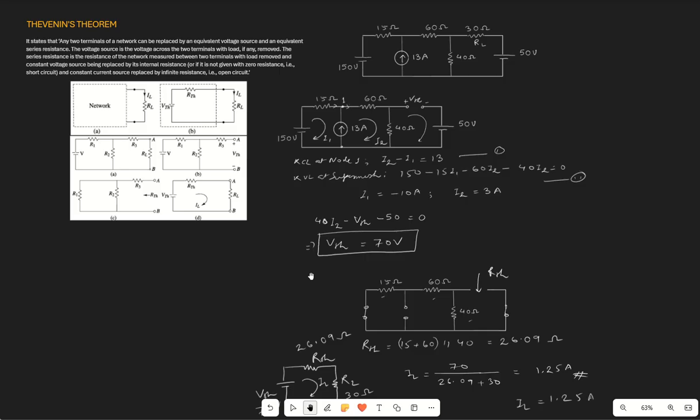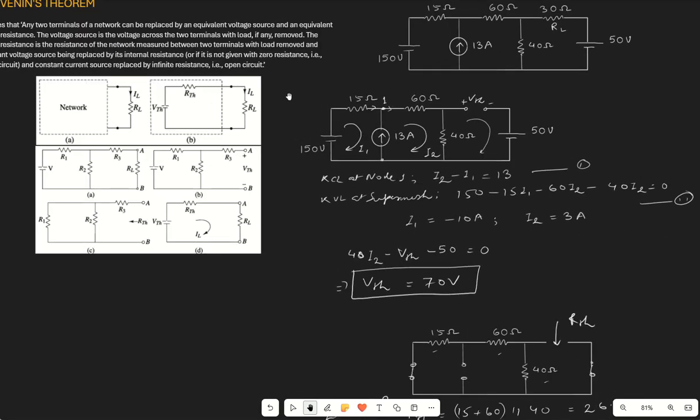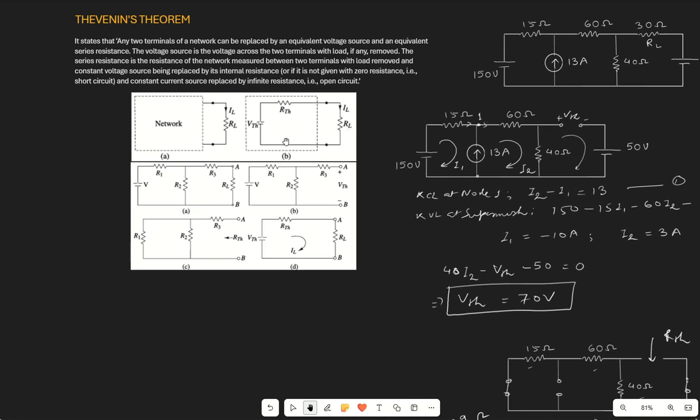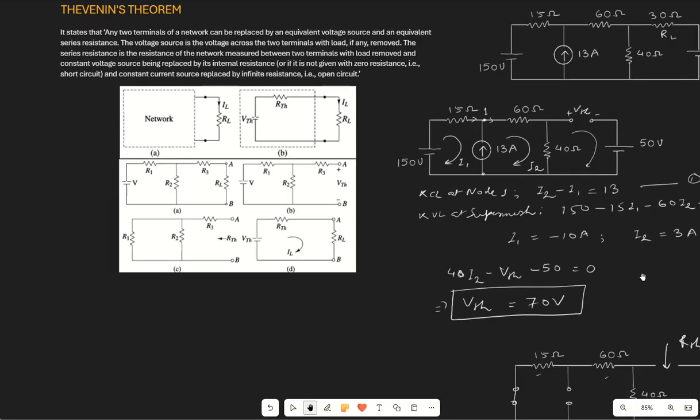Okay, so following this, we have another theorem known as Norton theorem, which is almost similar to the Thevenin theorem. We already know source conversion: we convert a voltage source and a series resistance into a current source and a parallel resistance. Using that logic, it is similar to Thevenin theorem.